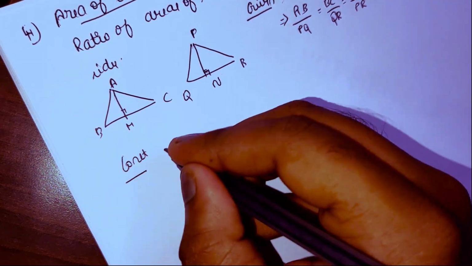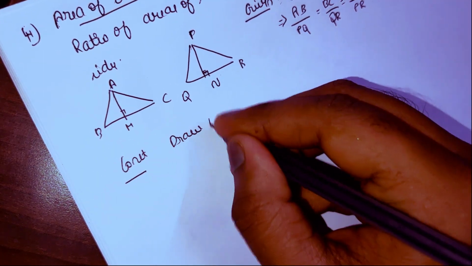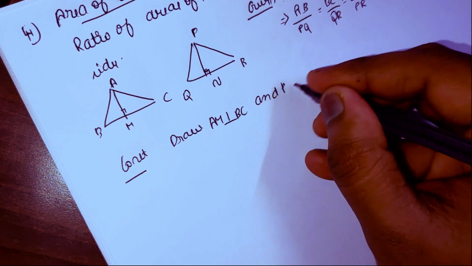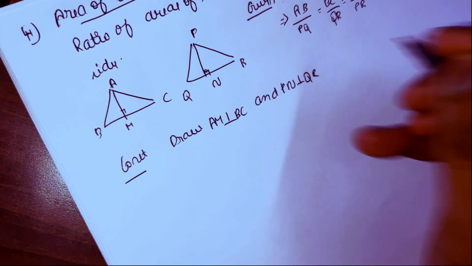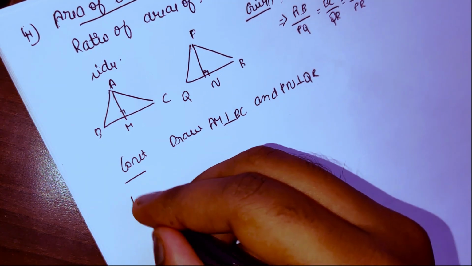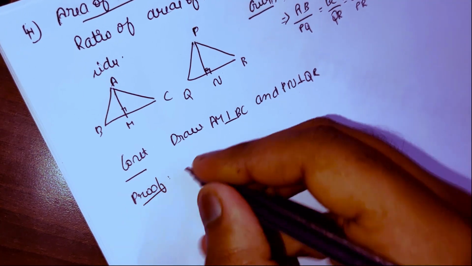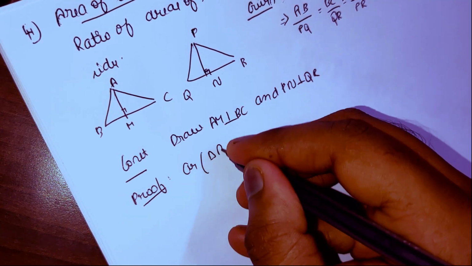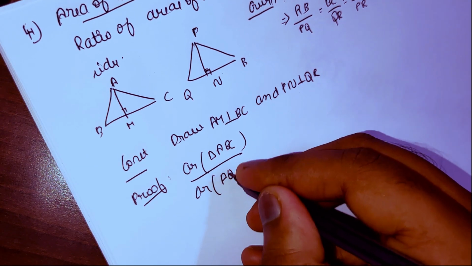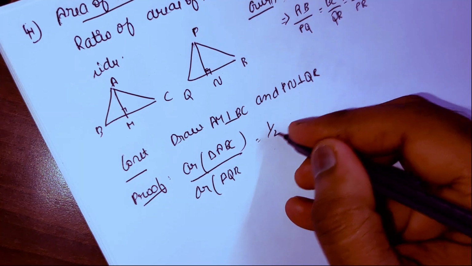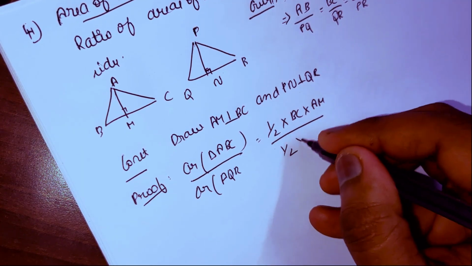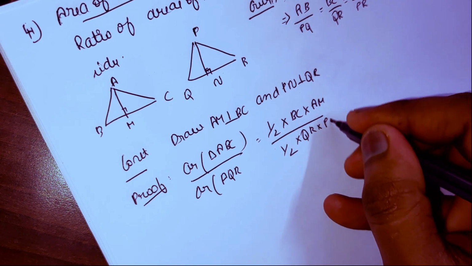We'll write the construction. Draw AM perpendicular to BC and PN perpendicular to QR. We start with the proof. Area of triangle ABC by area of triangle PQR is equal to half into BC into AM by half into QR into PN.